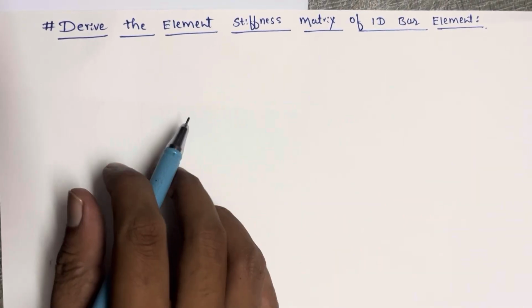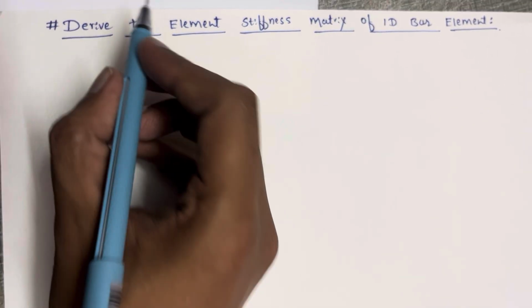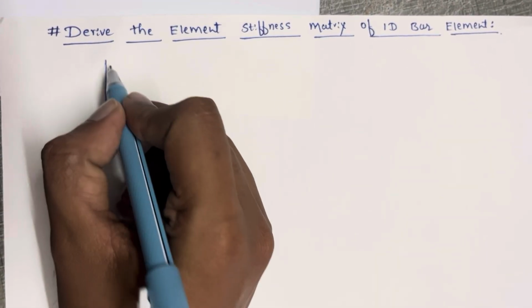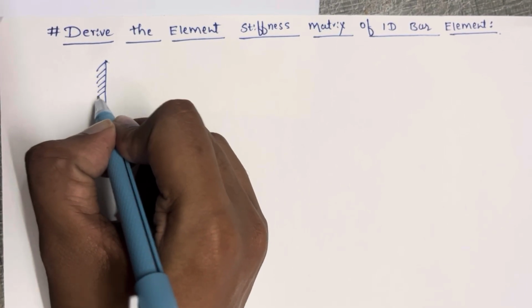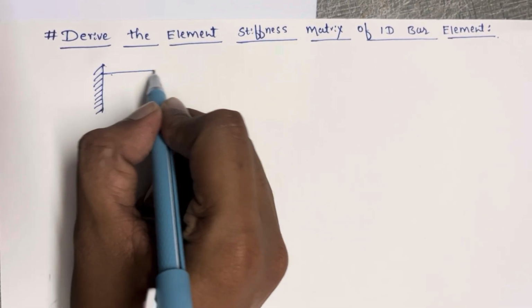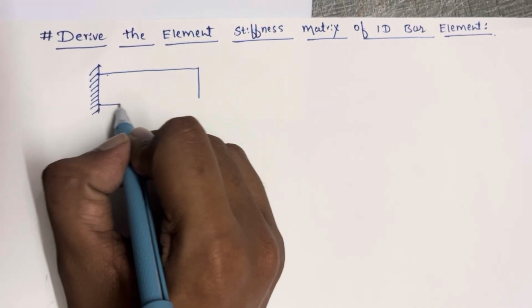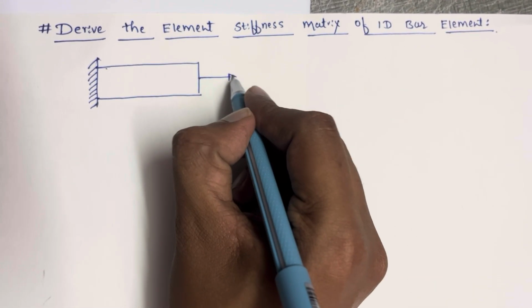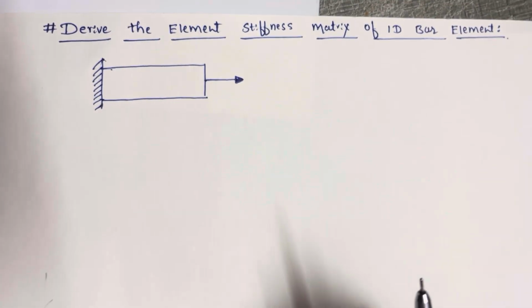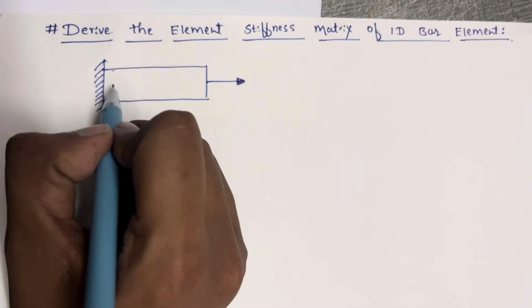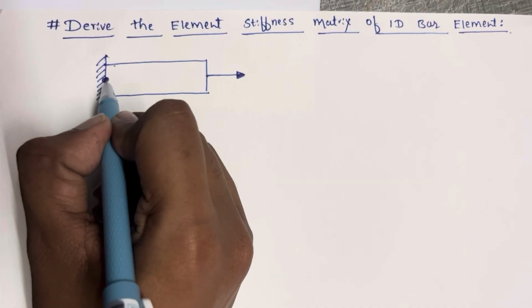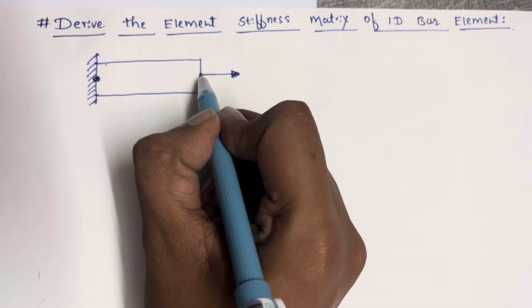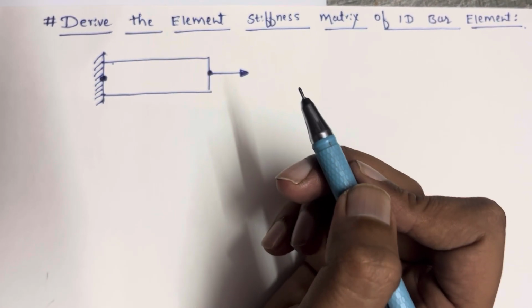Okay, so for this we'll consider one prismatic bar that is fixed at one end, and we'll apply some force here. Here we have two nodes. One node is at the fixed point and one node is at the second point.